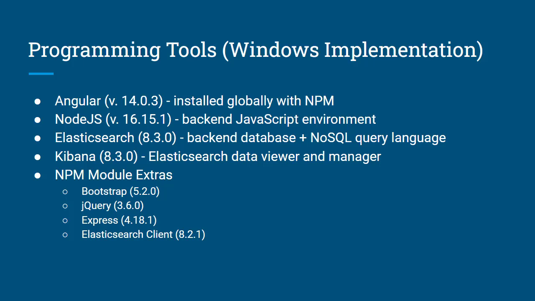Kibana is another tool that you can download along with Elasticsearch, which allows you to manage the Elasticsearch database. So you can create documents, what they call documents, which are similar to records in a relational database.